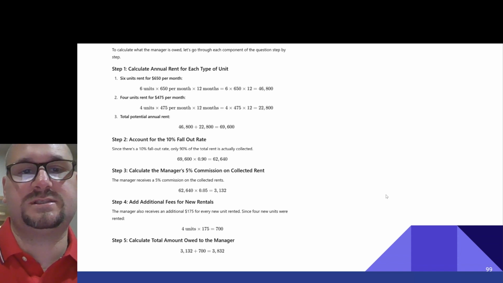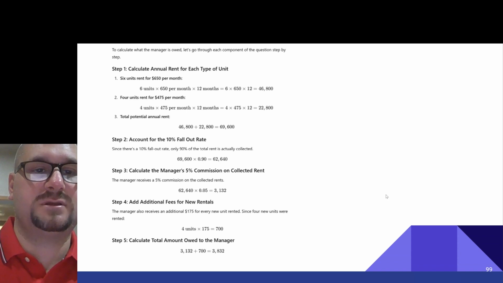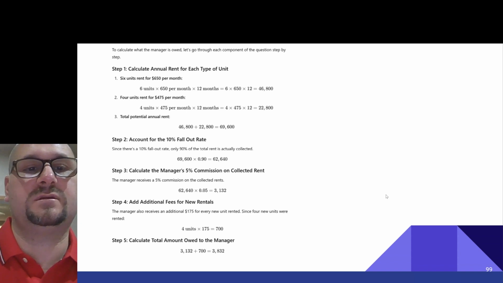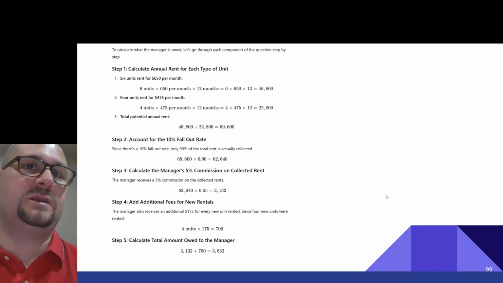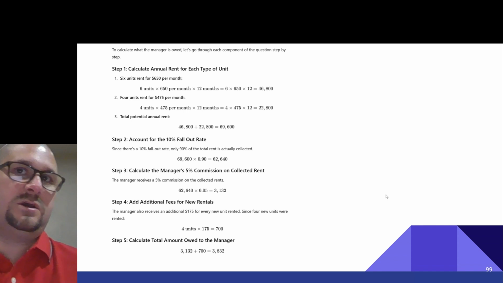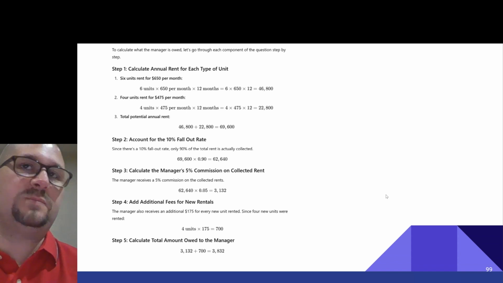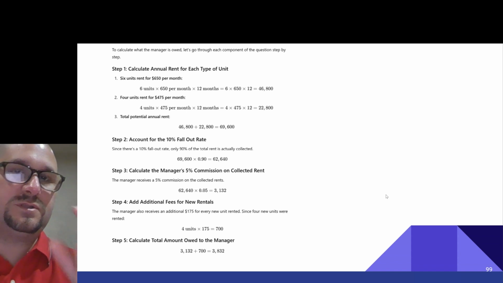So 69,600 times 90% is 62,640. Because you have a 10% fallout rate, you multiply by 90%, not 100%. At 100% you have full occupancy, but typically we have a 10% fallout rate, so you have a little built-in cushion.